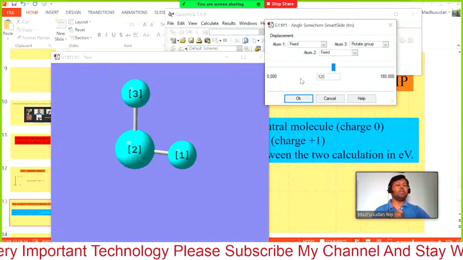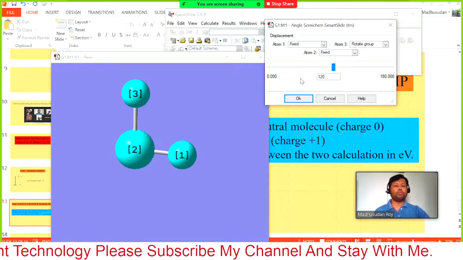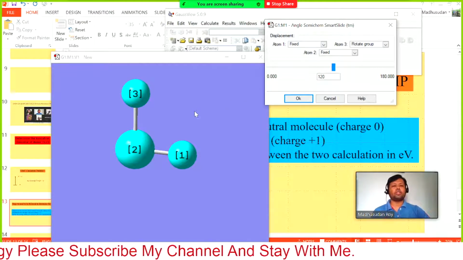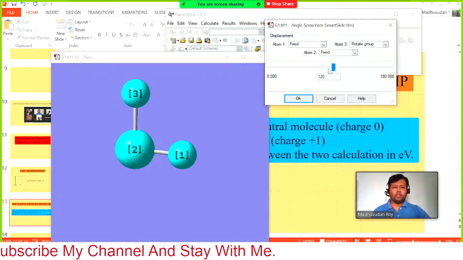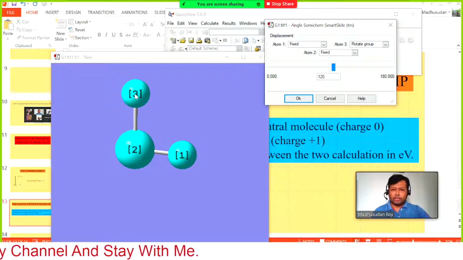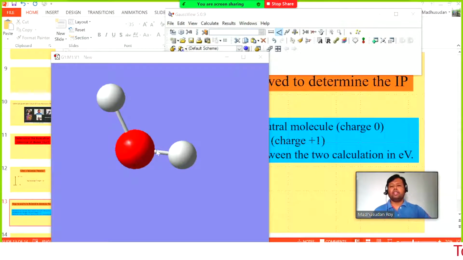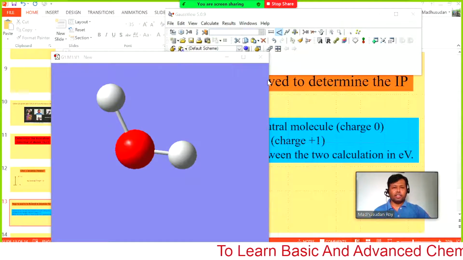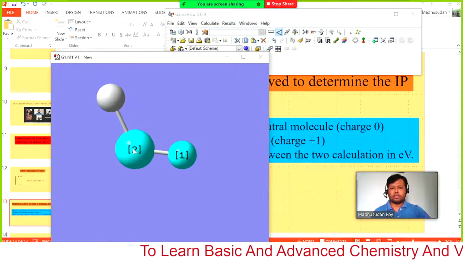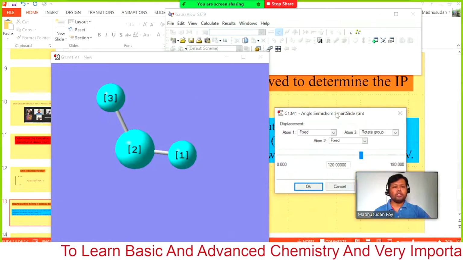The program will give you the exact value for the optimized structure of the neutral water molecule. Now you will see the hydrogen go a little bit far. Okay, now the bond angle between this hydrogen, this oxygen and this hydrogen is around 120 degrees. We can check again; it shows 120 degrees.